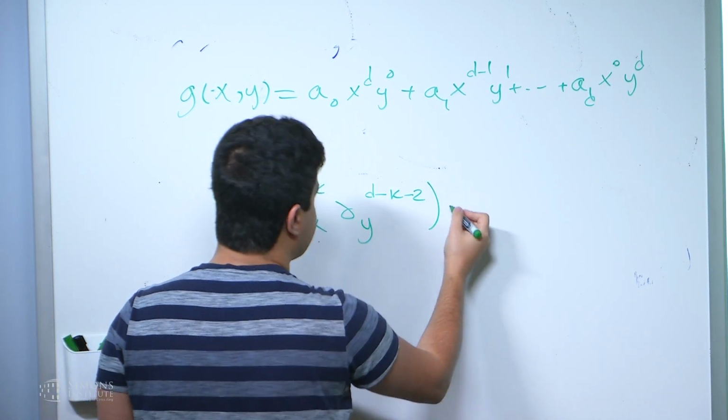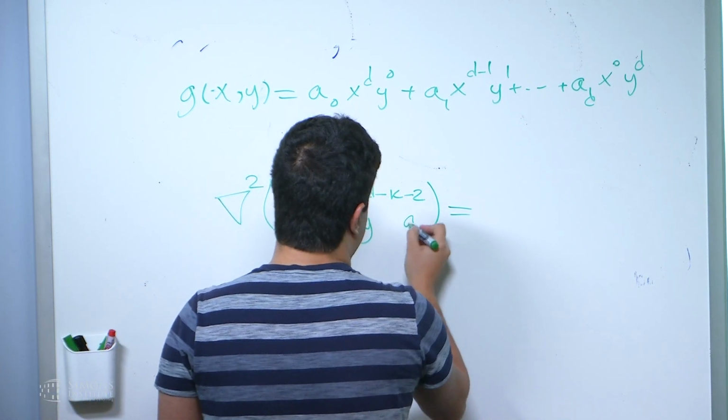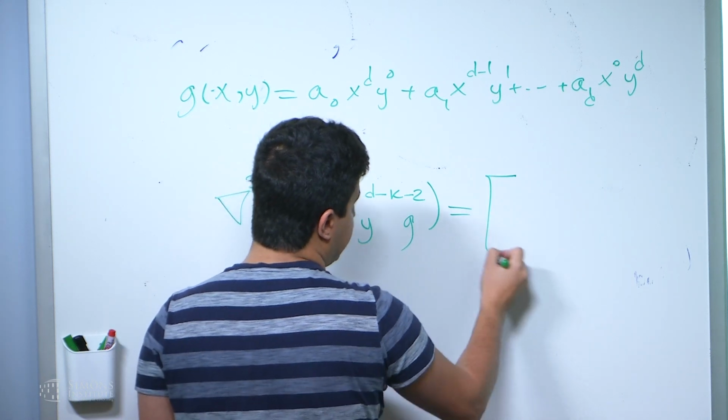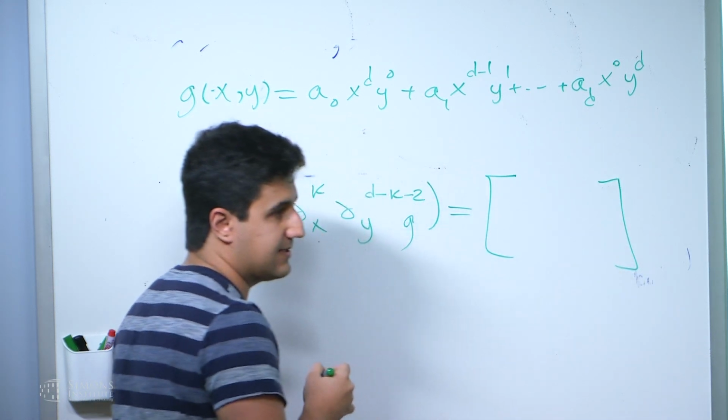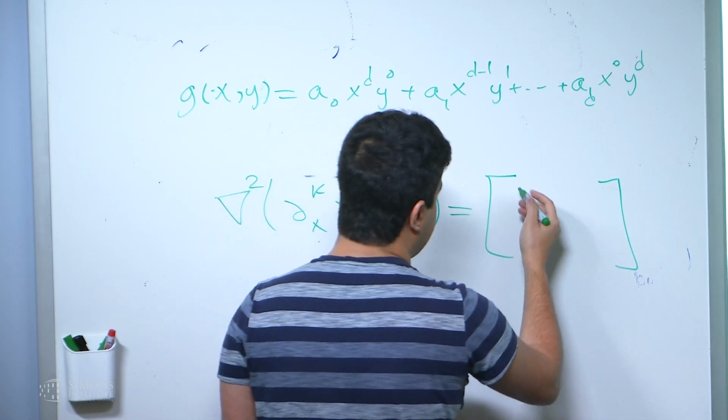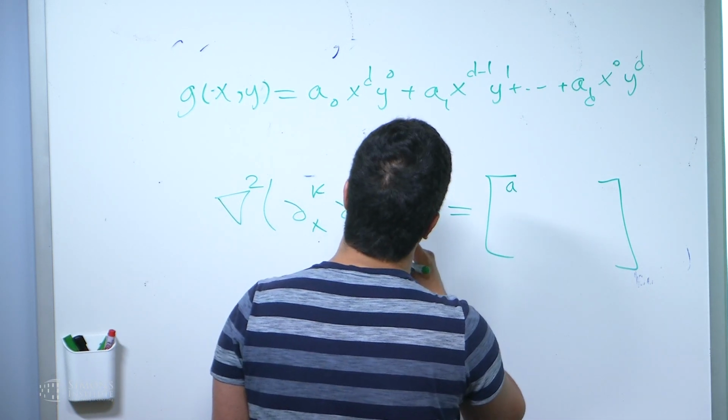This is going to end up being a 2 by 2 matrix, which is of this form.